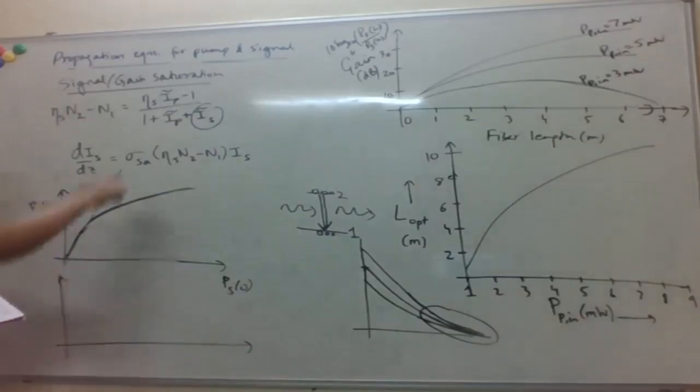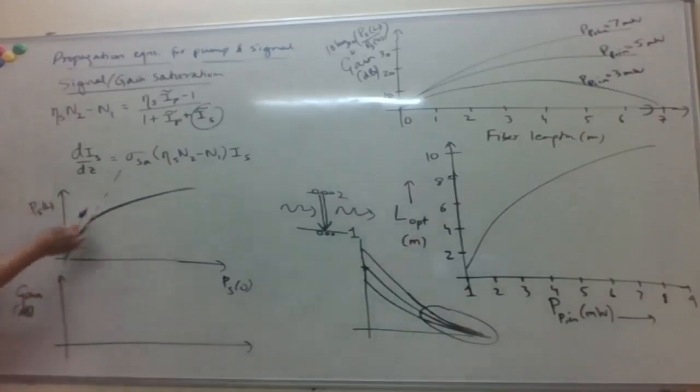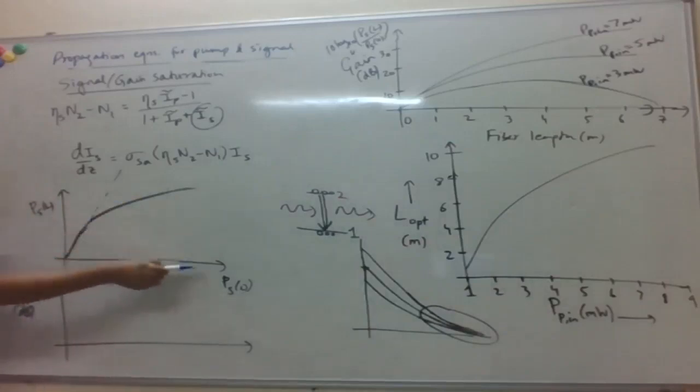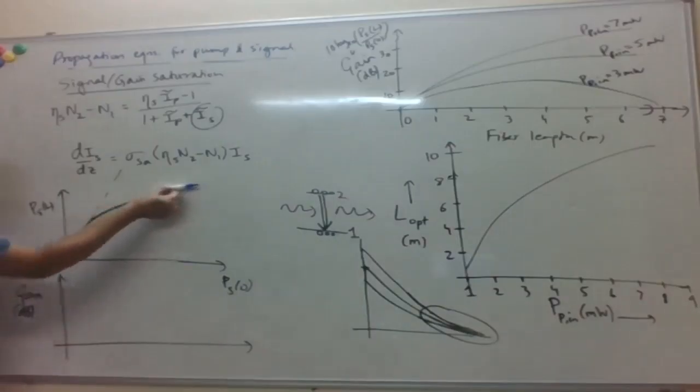But if you take this term into account, then the gain depends on the input signal power. So I plot gain, and the gain is basically the slope of this curve. For low powers, I have large gain, but as I increase the signal power, the slope goes down.